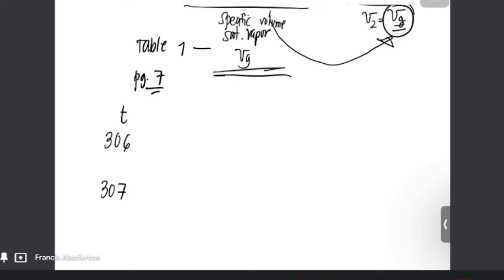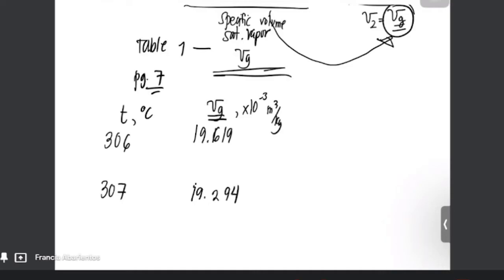Yung specific volume niya at saturated vapor, ito, 19.1619. Okay, ang unit times 10 to the negative 3 cubic meter per kilogram mass. At kung ayaw nyo, class, lagyan ng unit sa baba, dito sa taas. Okay? Pag mag-present ng solution.